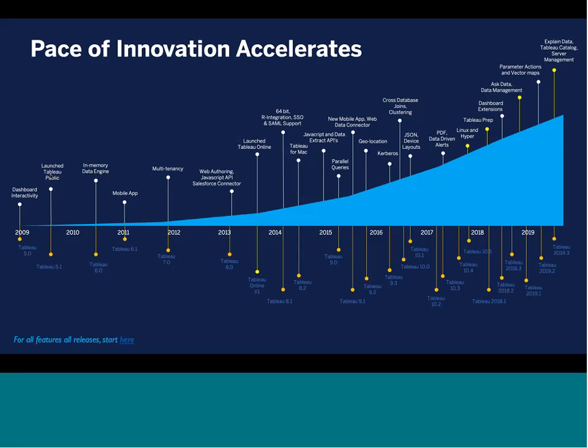So in version 9, which is right around the 2015 timeframe, is when we introduced level of detail calcs. There's a reason why I've mentioned that twice already. And what you can also see quite a few other, some of them groundbreaking, some of them maybe not so much so, and then of course the version numbers at the bottom. In fact, this innovation slide isn't even the most current.